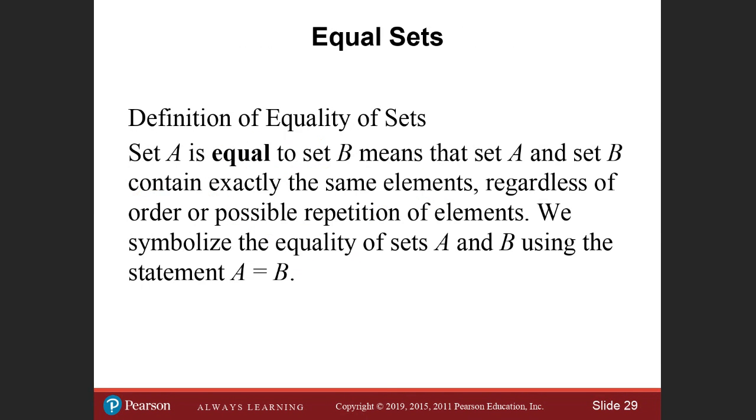Okay, so let's go to the last part for these basic set concepts. Equal sets. Now, when will be the time that we call two sets equal? So we have the definition. I'll give you a chance to look at the definition for the equality of sets.